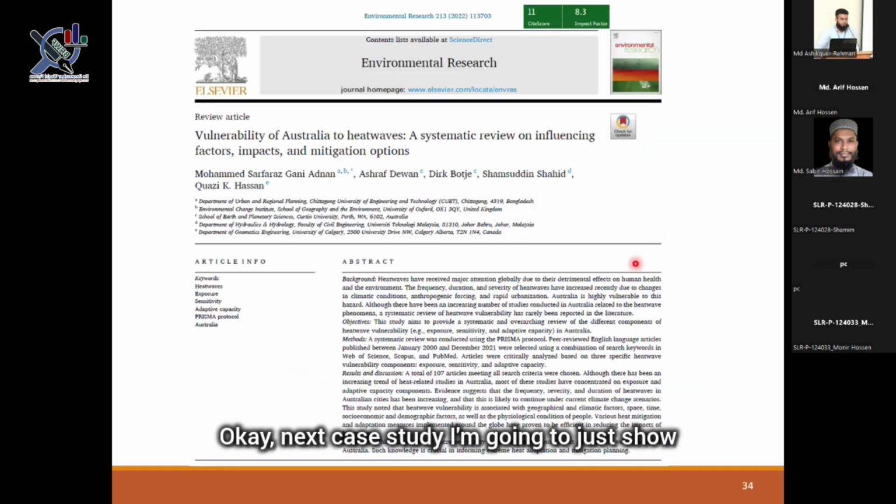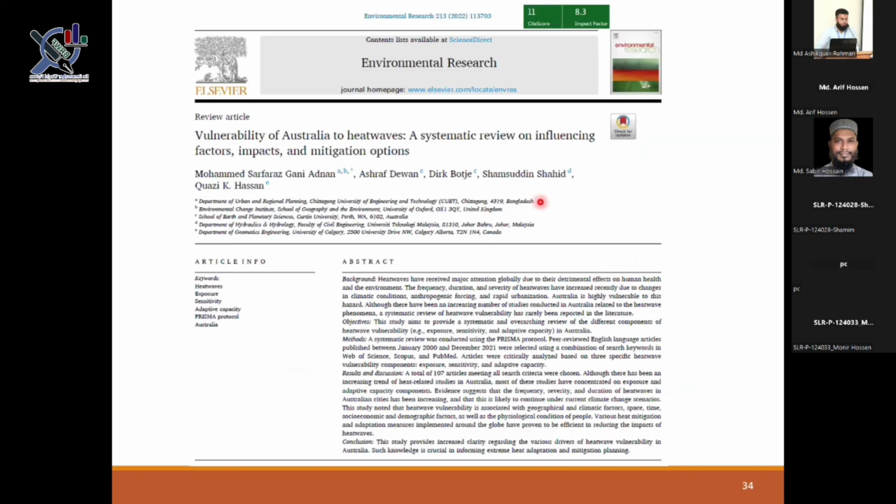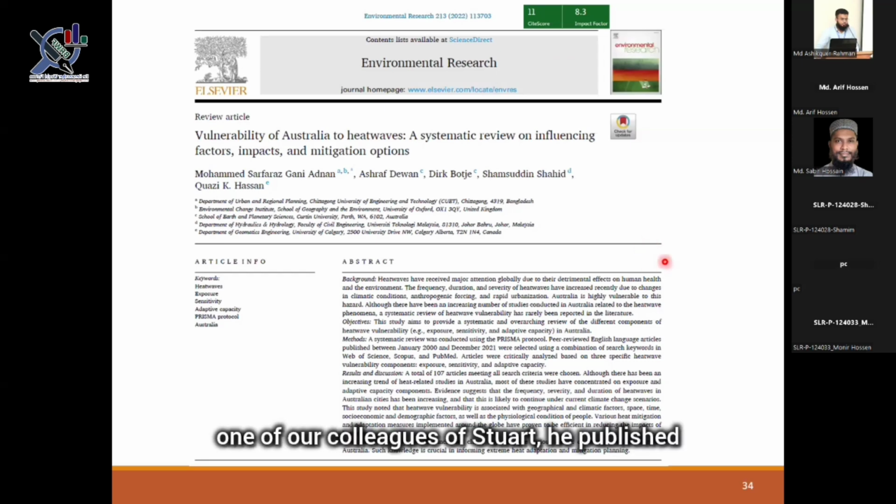Okay, next case study. This one was published in Environmental Research, impact factor 8.3, CiteScore 11. This article is also by one of our colleagues at CUET. I found this paper interesting, and it is also a systematic review.